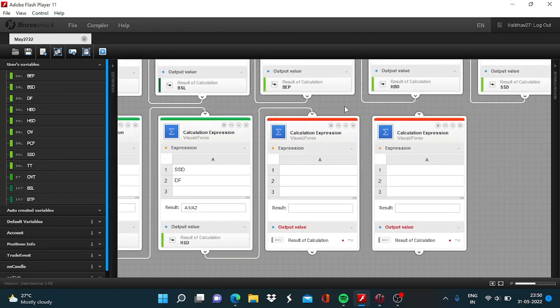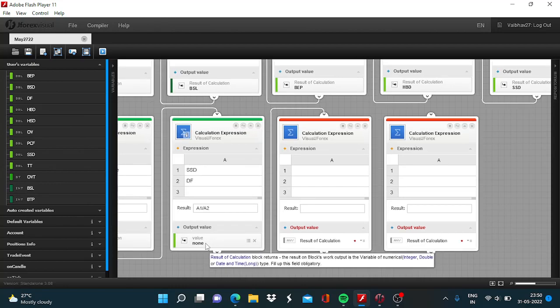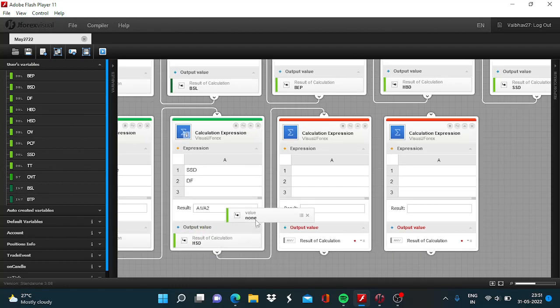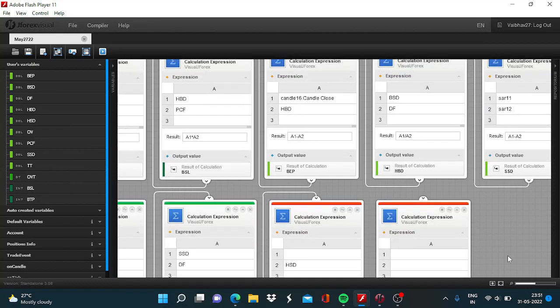And whatever is the half of the actual difference, we will add it to the last hour's closing value.